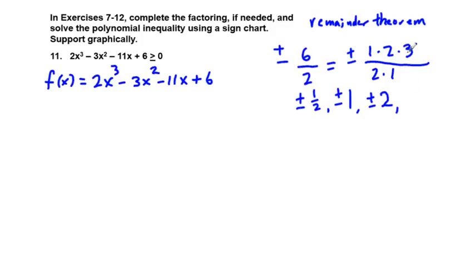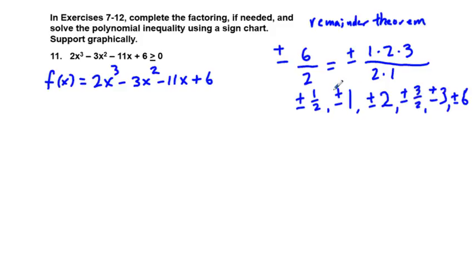And we can have plus or minus 3 over 2. We can have plus or minus 3 over 1. And then we can have 6 over 2, that's going to be 3. Or we can have 6 over 1, which is going to be plus or minus 6. So that's kind of a long list of possible zeros.